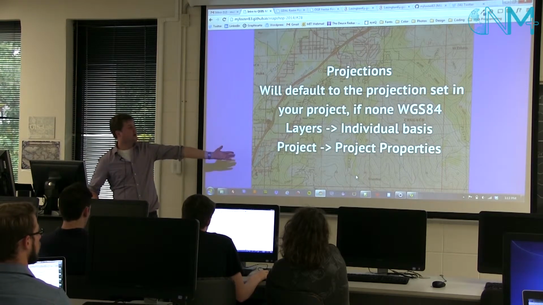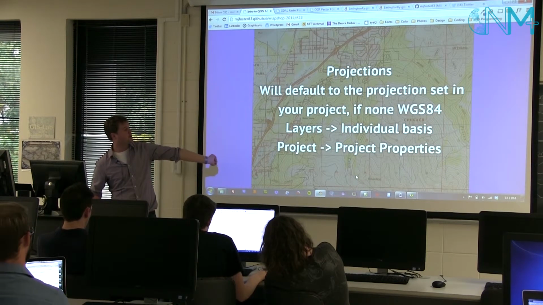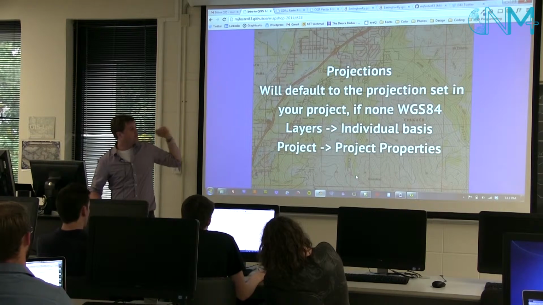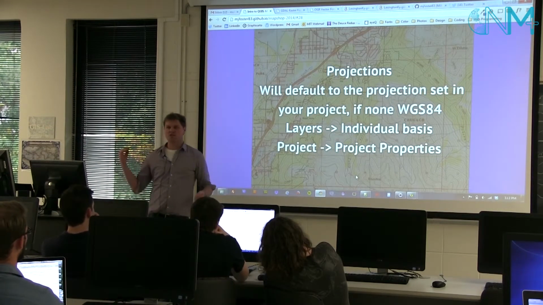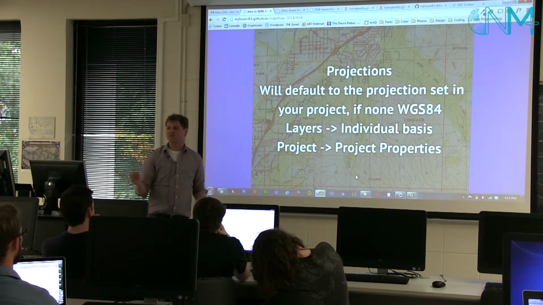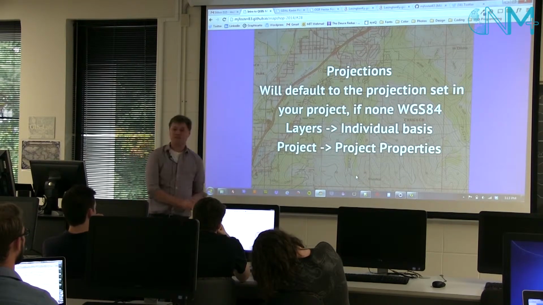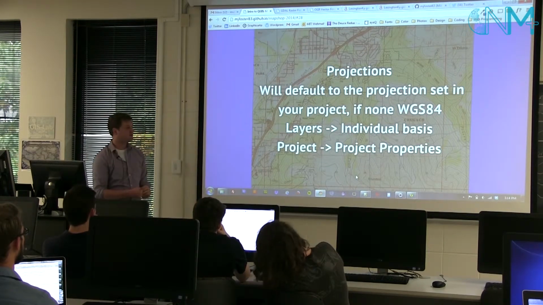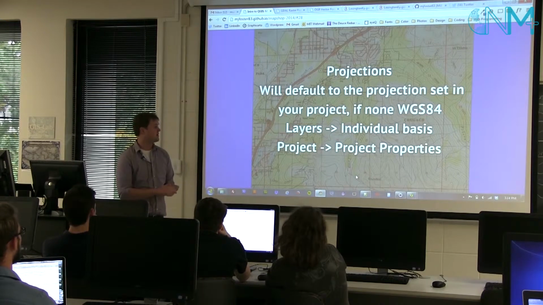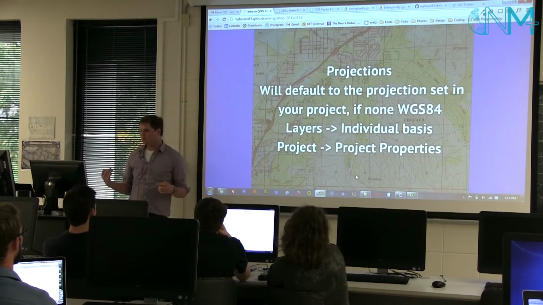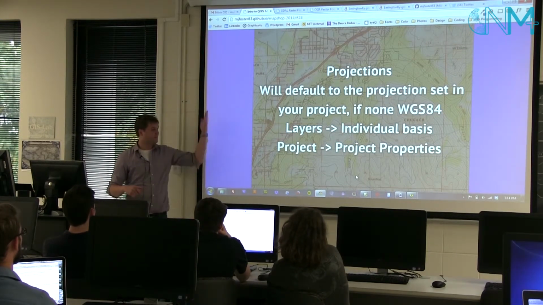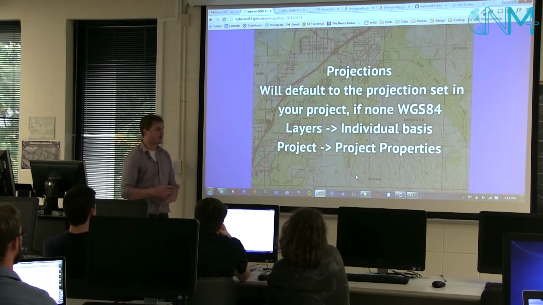This is fairly similar as far as when you're working with projections. It will default to the projection set in your project, which should default to the first layer that you add to your map. You can set layers on an individual basis, based on your shapefile. But the project on the whole you can set so it will attempt to do an on-the-fly.